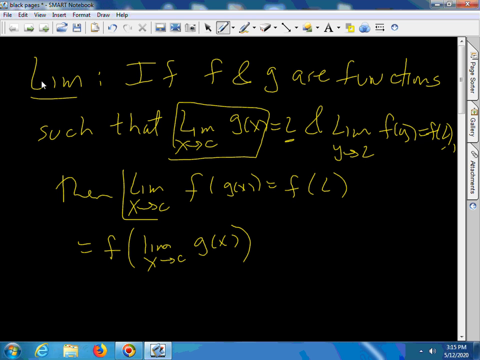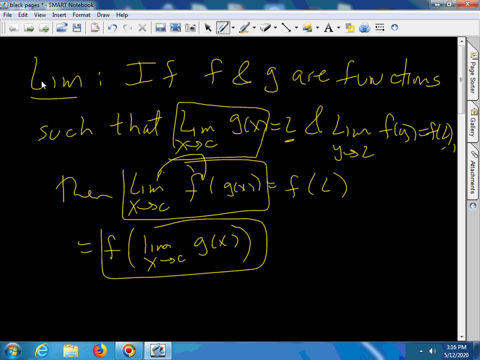How can you go from here to here? Well, the limit can go in there. You can pull out the f, you can put the f in front. That is, take the limit of this, and then take f of that. That's what it's saying.